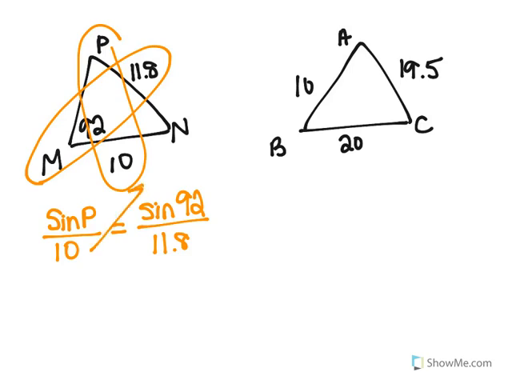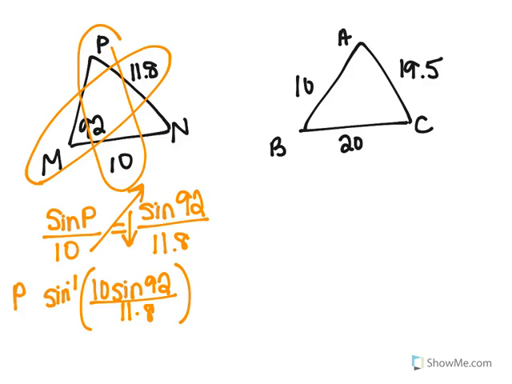Now we are going to cross multiply and divide. So we have 10 times the sine of 92 divided by 11.8. And because we're dealing with an angle, we have to do sine to the minus 1 of this answer. So type this into your calculator, and you should have gotten 58 degrees.